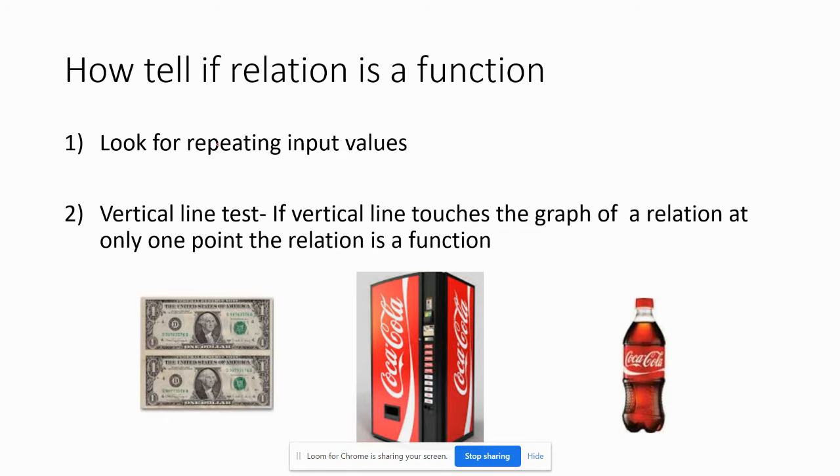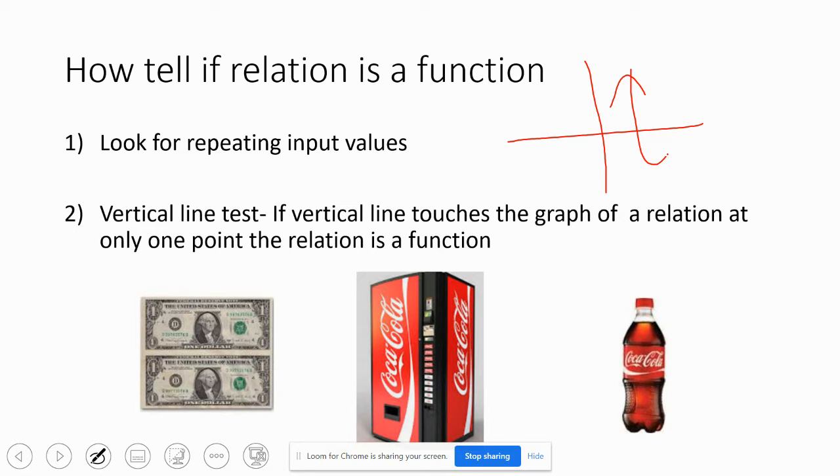When checking for a function, look for repeating input values. Another way is the vertical line test. If you drew a graph, let's say a basic parabola, and you drew a vertical line through it, it only hits at one point, so that is a function.